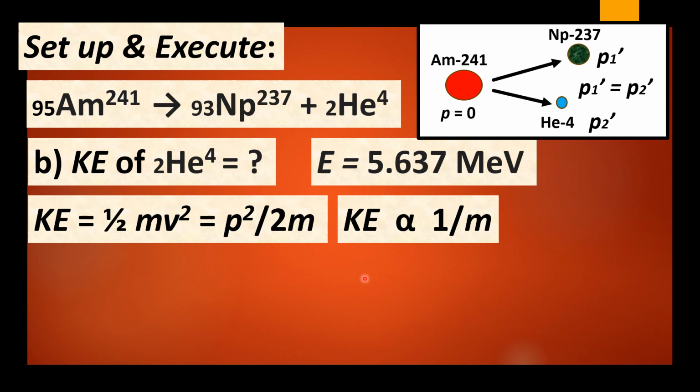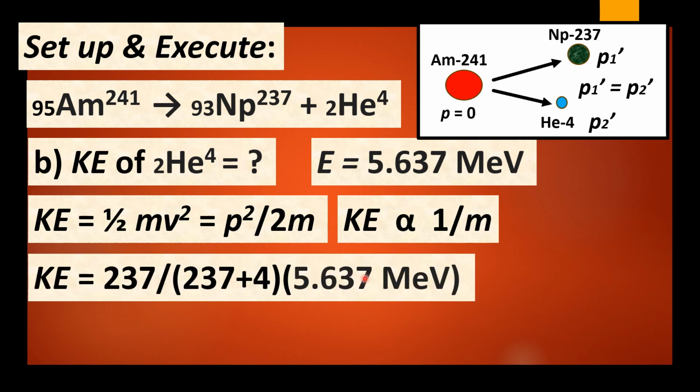It suggests that the kinetic energy shared by the alpha particle, since it is less massive compared to the neptunium nucleus, is in fact 98.33% of the total kinetic energy, or that is 237 over 241 times 5.637 MeV, the total kinetic energy.